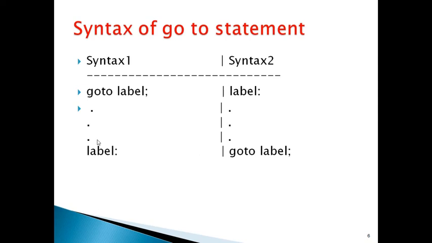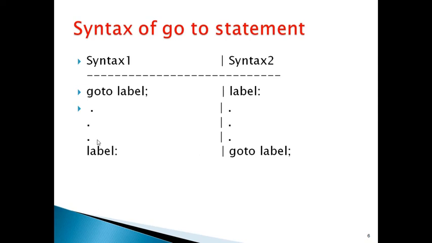If you observe syntax 1, the flow of execution while executing the program: the program will execute the goto statement. A label is there, and immediately the compiler passes the control to the label.